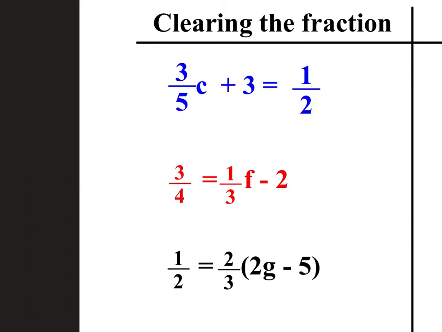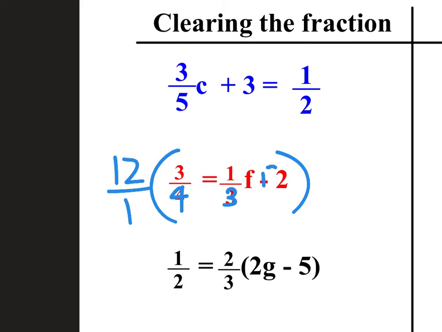I'll show you that again. Again, I'm looking at the denominators. I see a 4 and a 3. So I'm going to choose 12, the same number as what would be the common denominator. Now, I'm taking each one of these terms times 12. That would cross simplify and become 1 and 3, and then 3 times 3 is 9, so that becomes a 9.